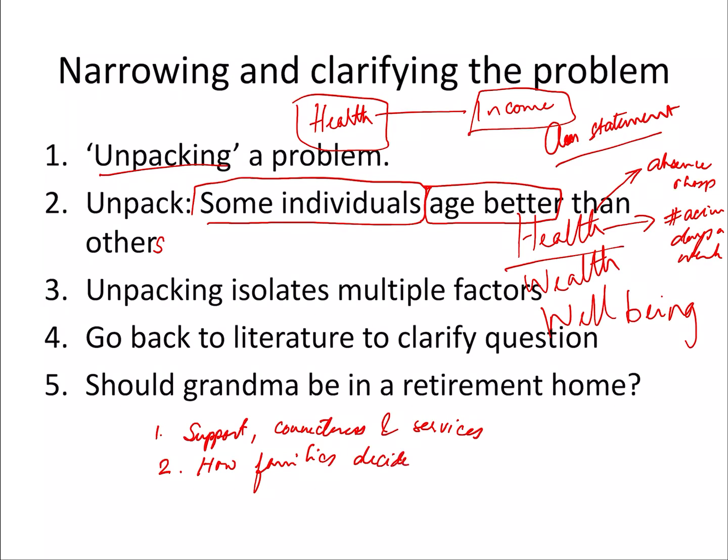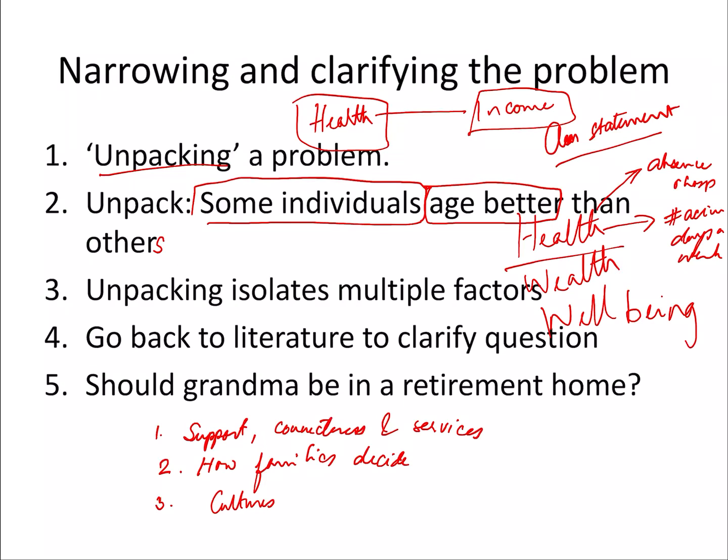Who participates? Do children have a say? Do all members in the family have an equal say? The other thing we might want to ask is, well, do sociocultural factors have a role? In several cultures, it's completely not okay or unacceptable to put older adults in a care facility.